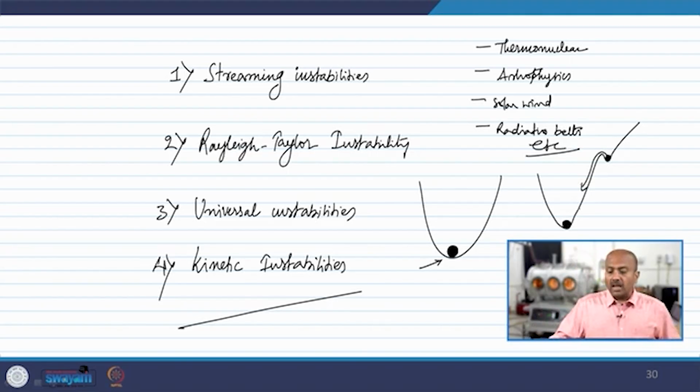Now, coming back to the Rayleigh-Taylor instability. If a fluid of higher density is sitting on top of a fluid of lower density, then you have an interface, and if you slightly give a perturbation, the equilibrium situation may get disturbed. So, any force such as a non-electromagnetic gravitational force can drive this instability.